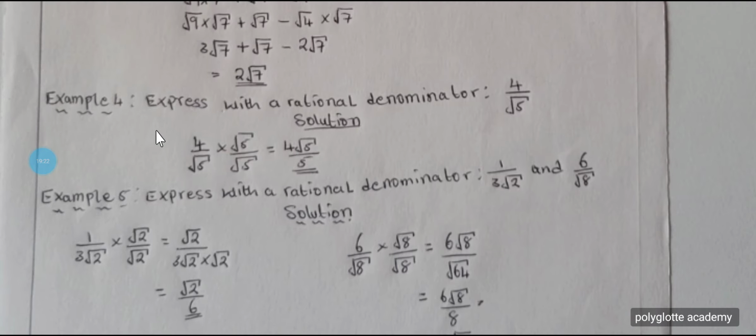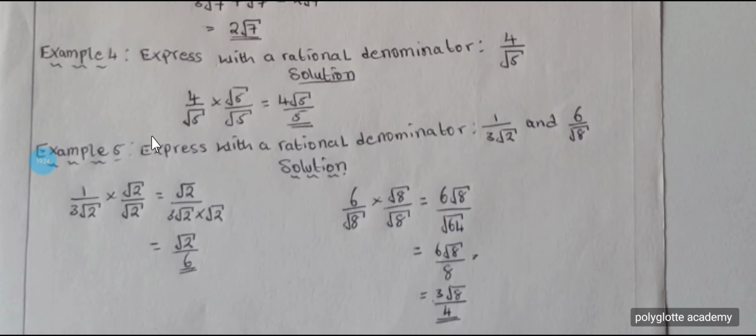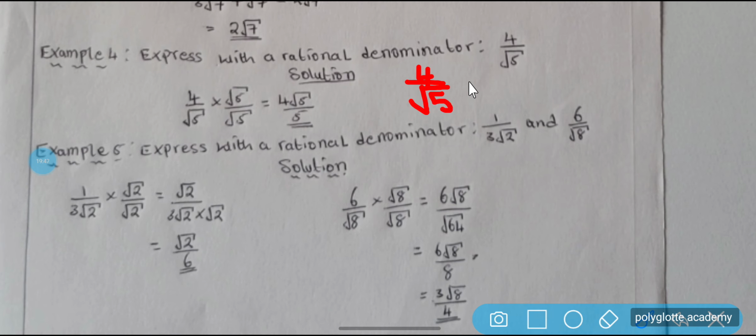Example 4: express with a rational denominator 4 over root 5. So let's activate the pen. We have 4 all over root 5.